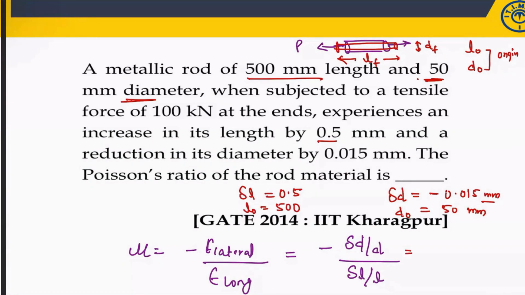So what is this delta D, minus 0.015? It will become positive, divided by 50, divided by 0.5, divided by 500. Now if you solve, this will become 10, and this is nothing but, what is the original diameter? 50 mm.